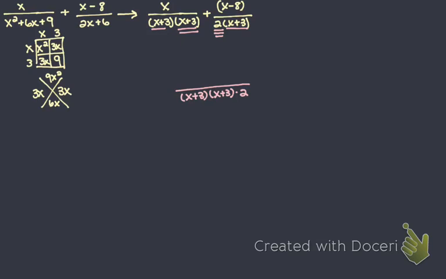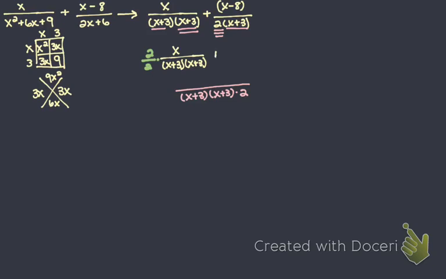So if I rewrite my first expression, x over x plus 3 times x plus 3, I need to multiply it by 2 over 2 so that I don't change its value, to get it to have a common denominator.